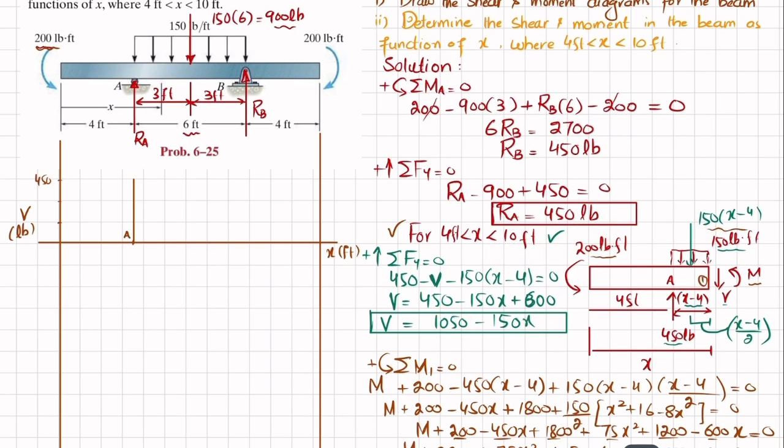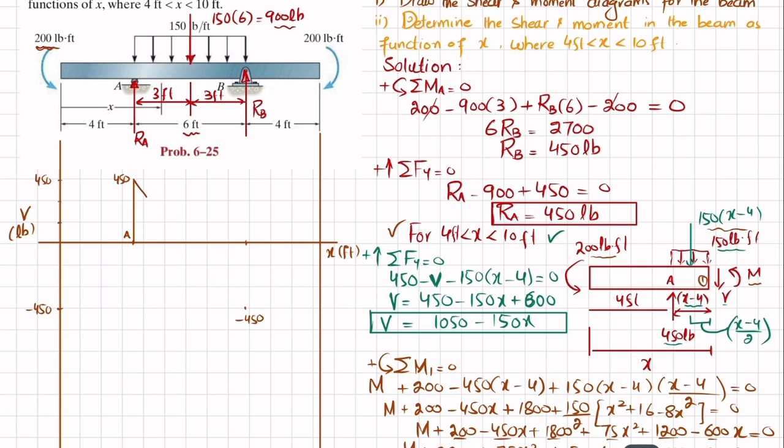So at this point we will have minus 450. This is the point minus 450, and this is plus 450. You can see that the shear force is a line going downward. So the bending moment will be one degree higher, and it will be a curve with slope decreasing.